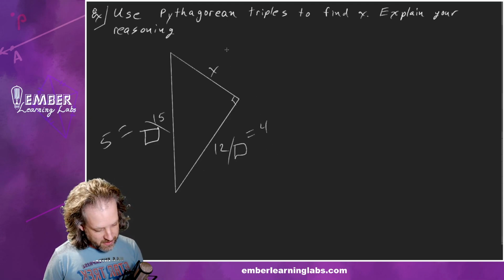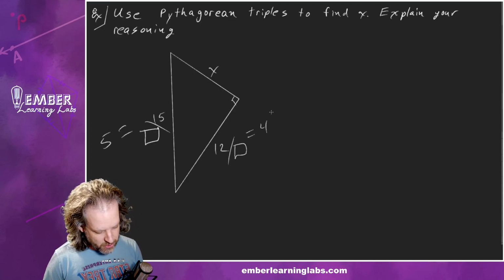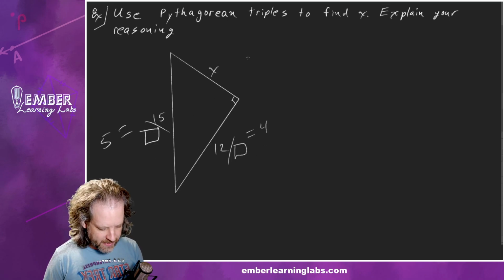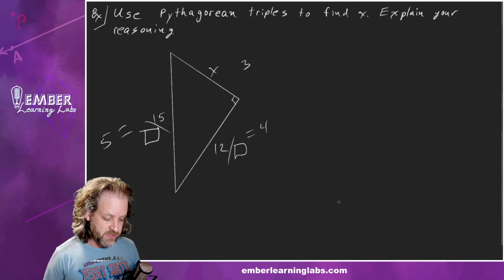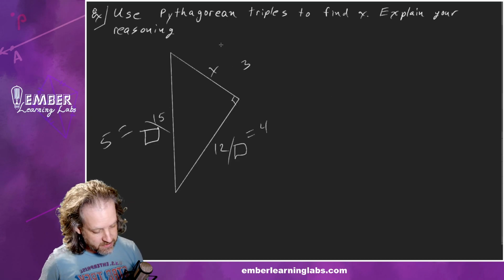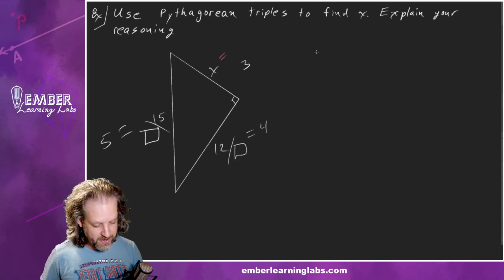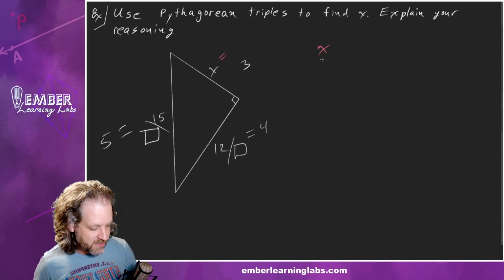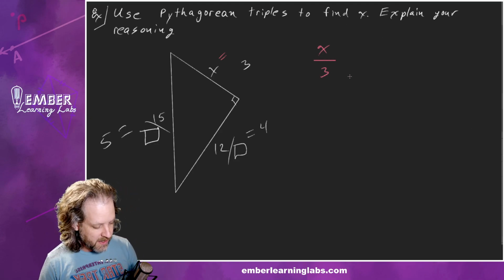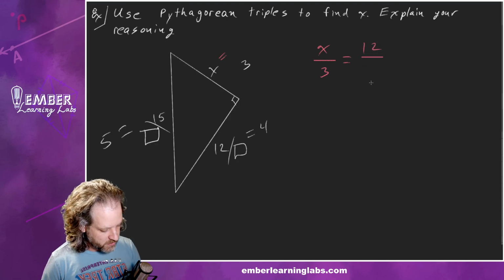So what could this one be? Looks like 3, 4, 5. So this one is the 3 ratio. How can we solve for what x is? Well, we could probably do it in our head, but we can also just set up a simple proportion. We can say x to 3 equals 12 to 4.